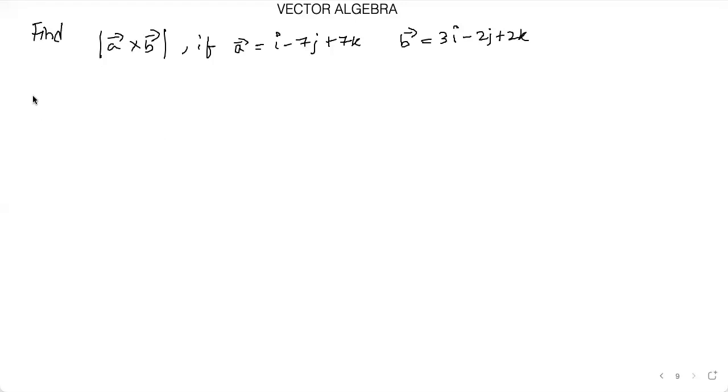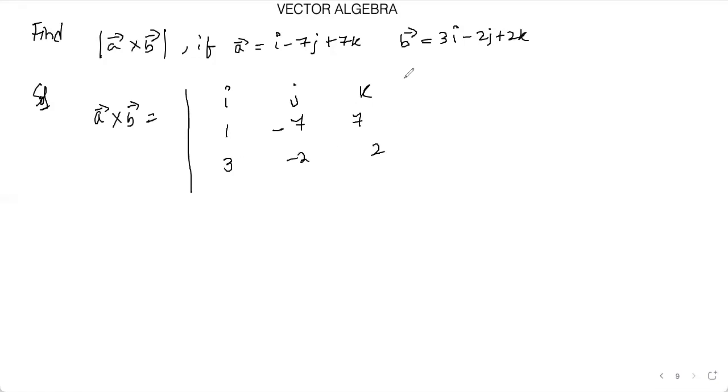So let us find, first, what is a cross b. So a cross b, which is i, j, k, with a being 3, 2, 2 and b being 1, 2, minus 2.